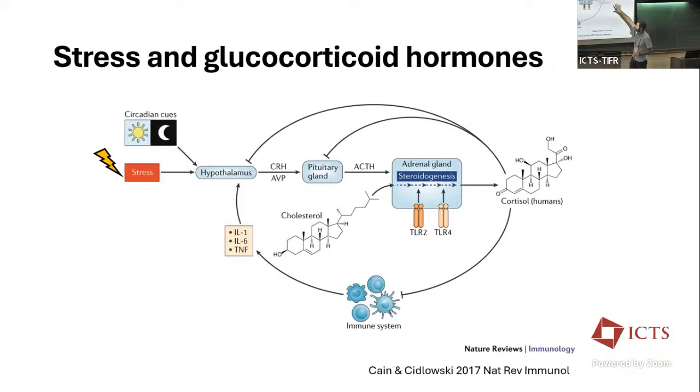Once you have cortisol circulating in the system, it can actually have a lot of important effects on the immune system. So high cortisol levels can inhibit white blood cell activation and promote apoptosis of white blood cells. And at very high concentrations, glucocorticoids also inhibit the production of B and T cells.